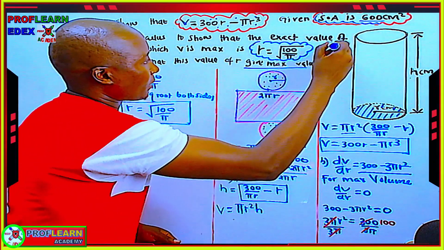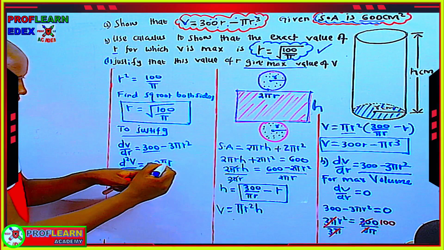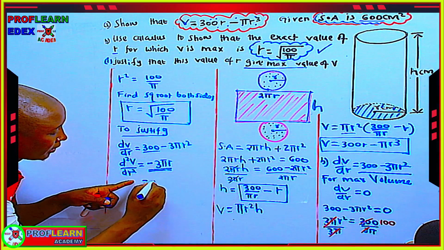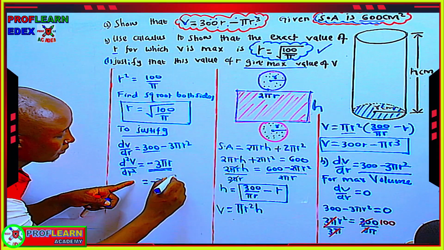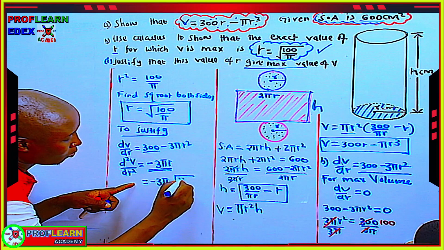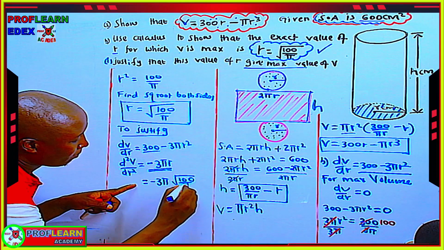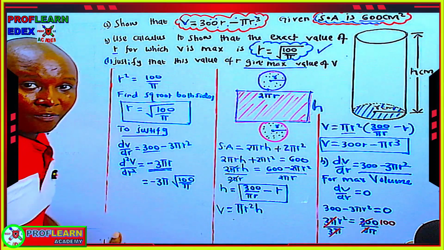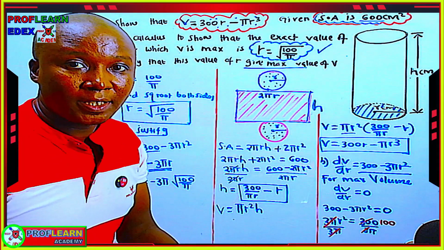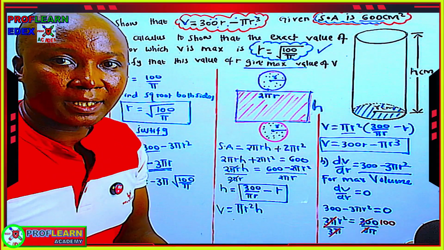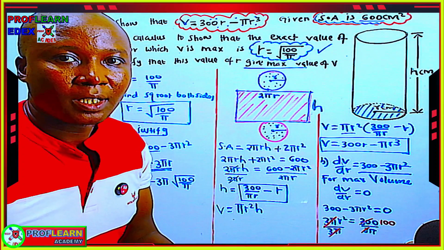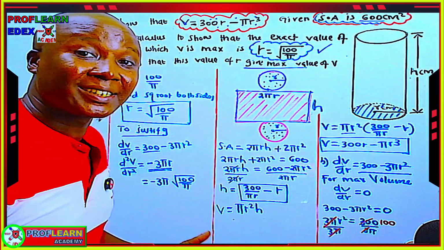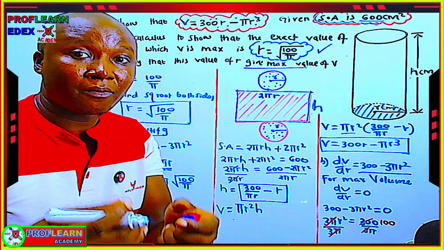We are going to substitute the value of r at this given point, and this is going to be negative 3 pi square root of 100 over pi. Now you can see the answer we are going to get is a negative value. If you find d squared V over dr squared is negative, it means that's the maximum volume.